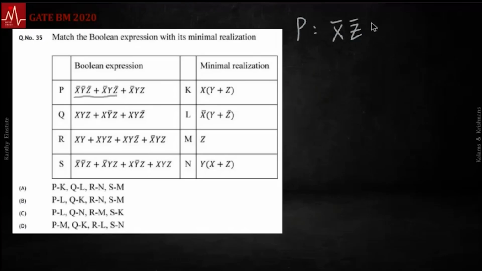So this is Y or Y bar. This or that? Irrespective of what Y is, one of them has to be one. So this is one, and technically I'm just going to cancel that. X bar, YZ.